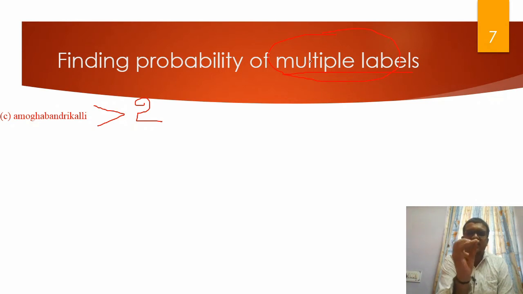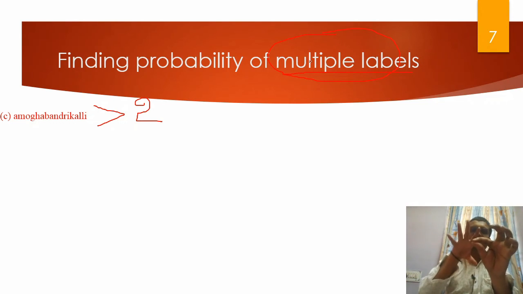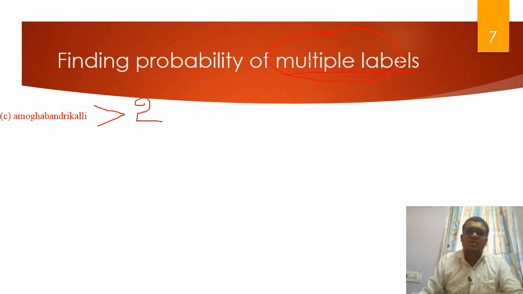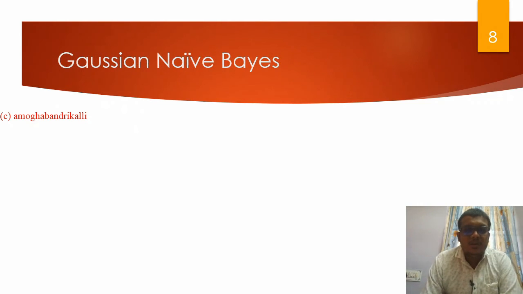So if this is a label, you distribute the new points across the respective labels using Gaussian values or the Gaussian theorem. This is not going to work for multiple classes, so we have the multinomial.